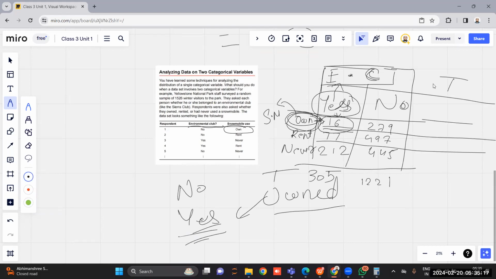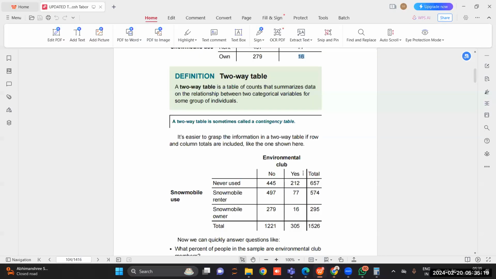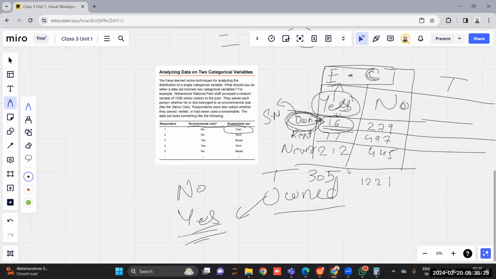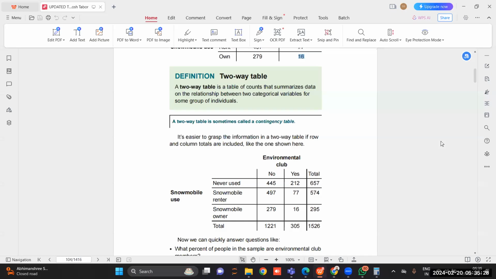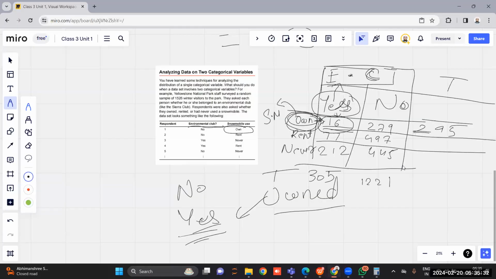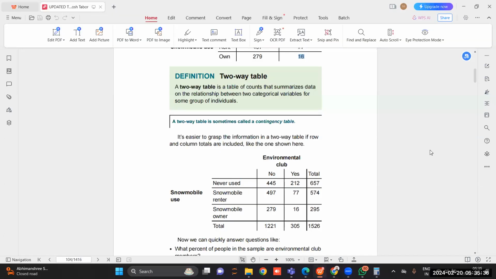For own it would be 295, for rent 574, and for never 657.